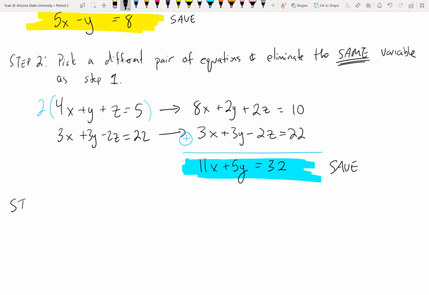Step 3. If we played our cards right and did step 1 and step 2 properly, what you can do is put your two saved equations together to form a new system.